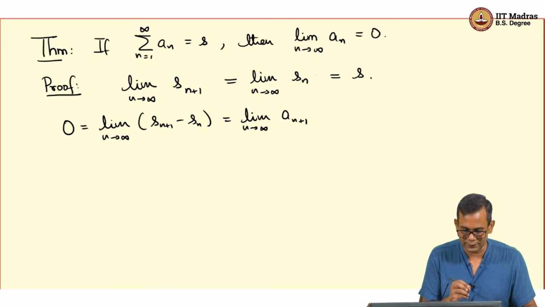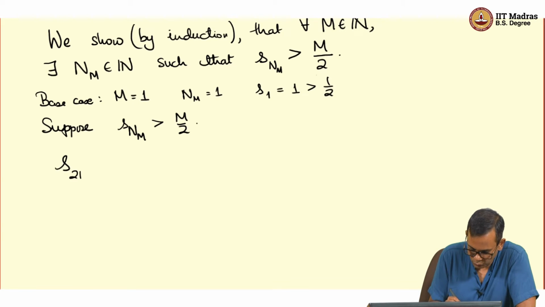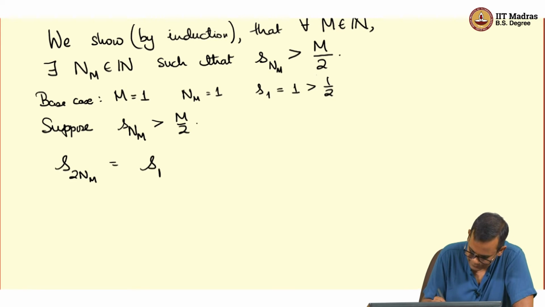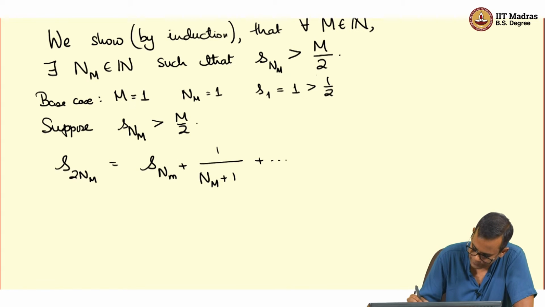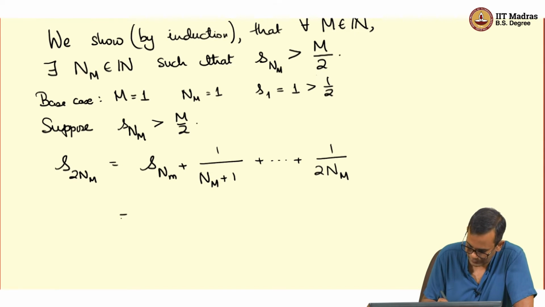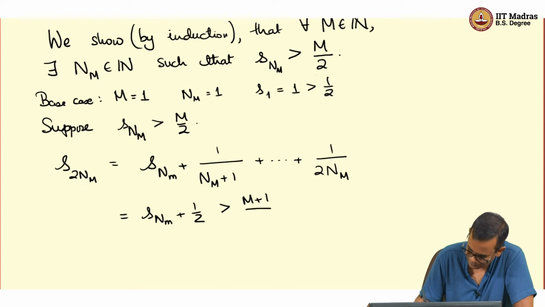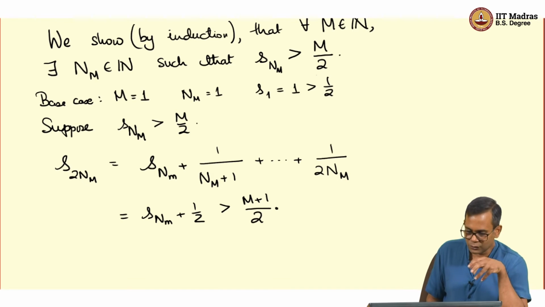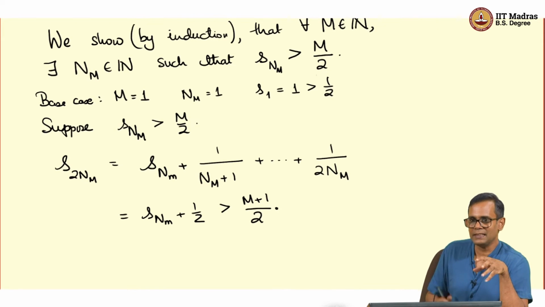So, what we have is S_{2^(m+1)} is equal to S_{2^m} plus 1 over (2^m + 1) plus 1 over (2^m + 2) all the way up to 1 over 2^(m+1), and that is greater than S_{2^m} plus half. Well, S_{2^m} itself is greater than m by 2, so this is greater than (m+1) by 2. So, the partial sums of the series are unbounded.